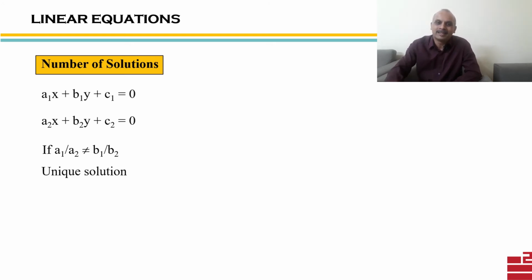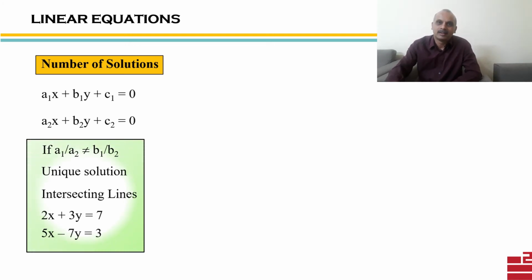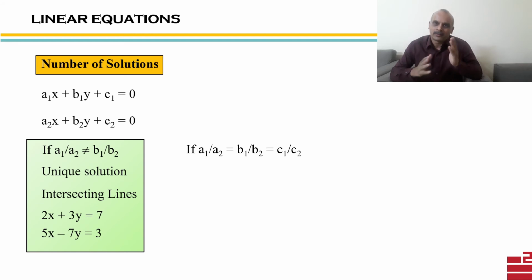We have already seen that in this case, the lines will be intersecting lines. Recall the examples we had taken earlier. This system of equations. Similarly, if the ratios a1 by a2 is equal to b1 by b2 is equal to c1 by c2, it means all the ratios of the coefficient of x, the coefficient of y and the constants are equal to each other, we will have a case of infinite solutions.